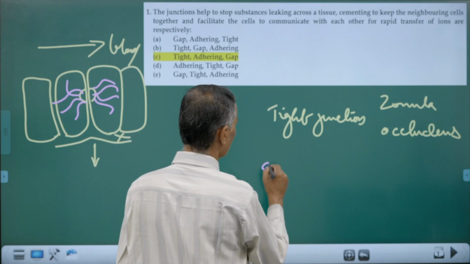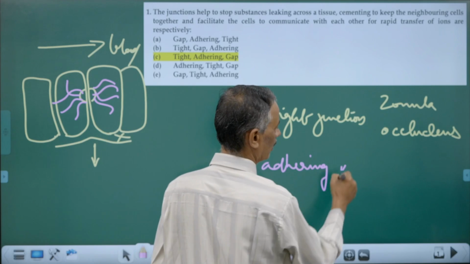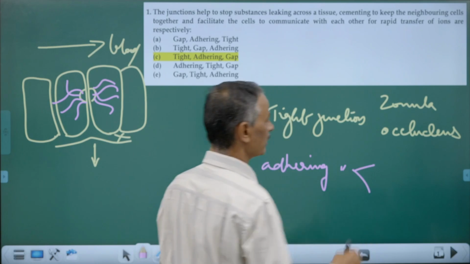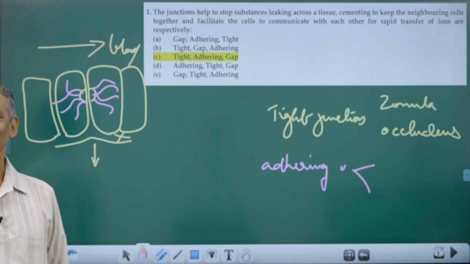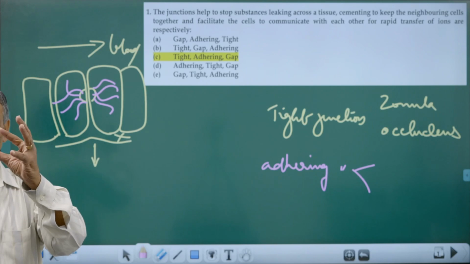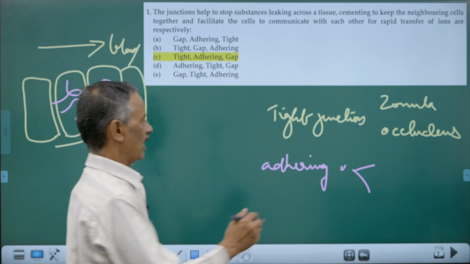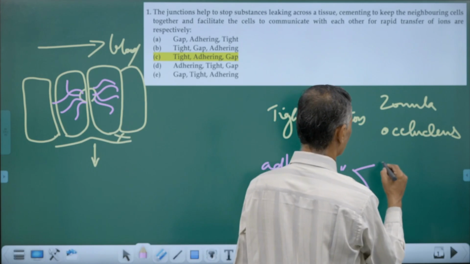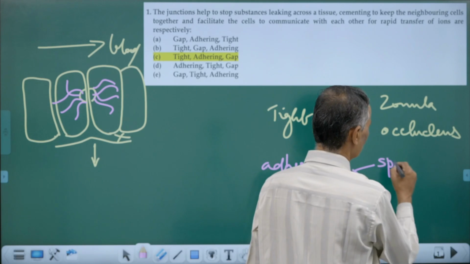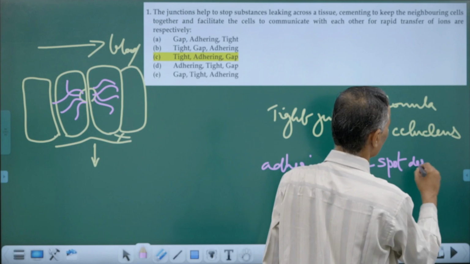These adhering junctions are of two types. What are they? If the adhering junctions are in the form of a button, a single thickening on a spot, they are called desmosomes. So if it is in the form of a single spot, we call it spot desmosomes.